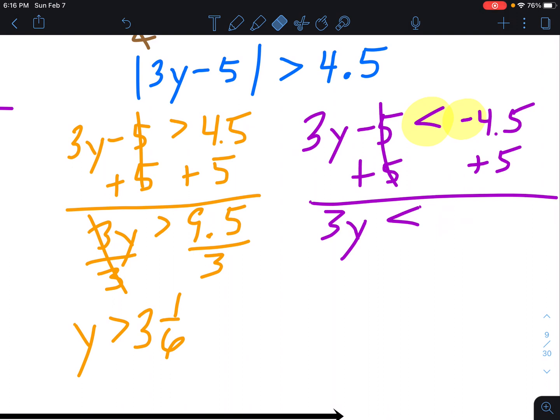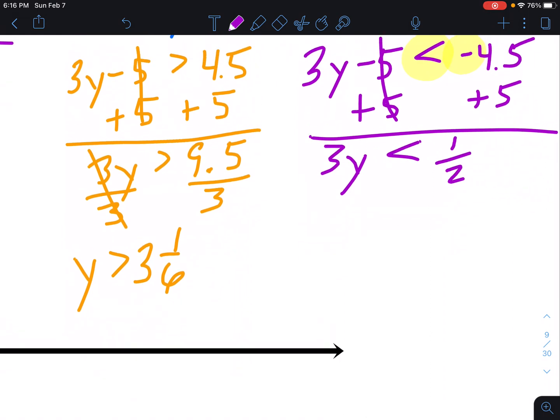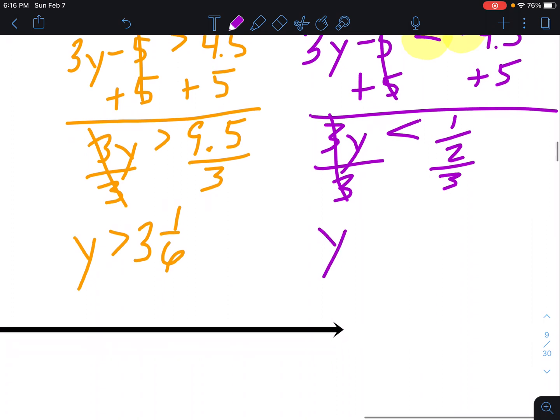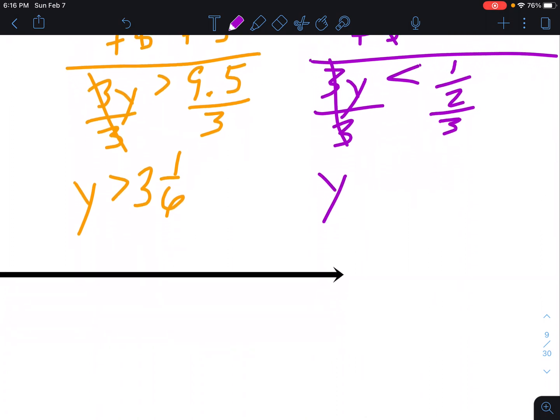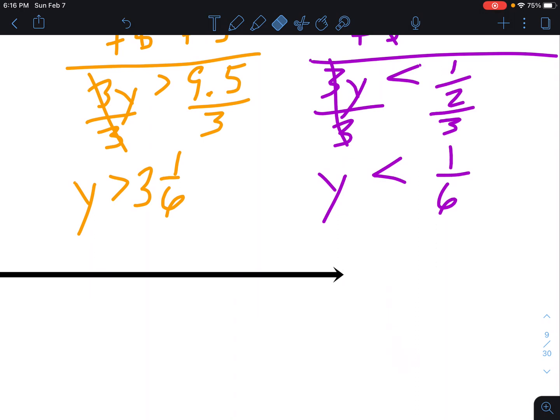It's 0.5, which is 1/2. And then you would divide by 3. I'm going to do this by hand because we never truly divide with fractions. Remember, we change to multiply, so 1/2 divided by 3 is 1/2 times 1/3, which is 1/6. So y is less than 1/6. You should remember how to do this stuff, by the way.